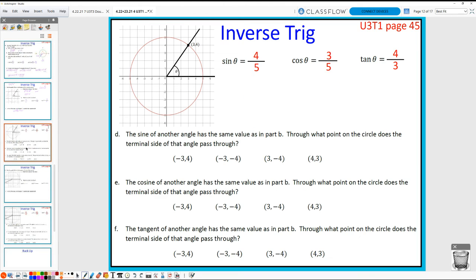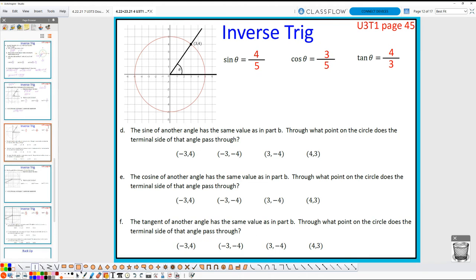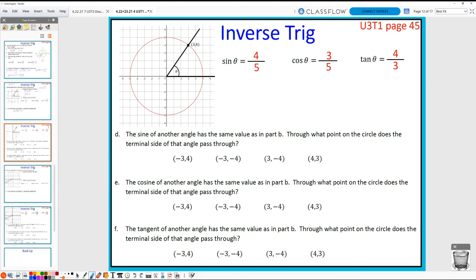Now, the second portion, it asks some different types of questions, and I really want to talk about this. I rewrote my sine, cosine, tangent on top to kind of help us out. But the sine of another angle, so this is asking for the sine of another angle has the same value as in part B. Through what point on the circle does the terminal side of that angle pass through?